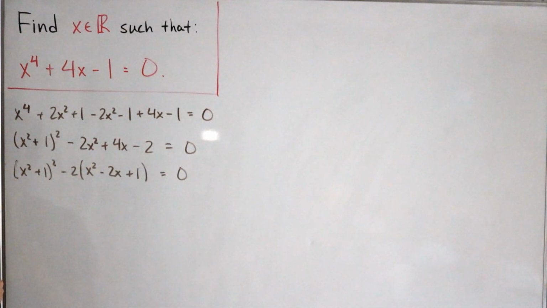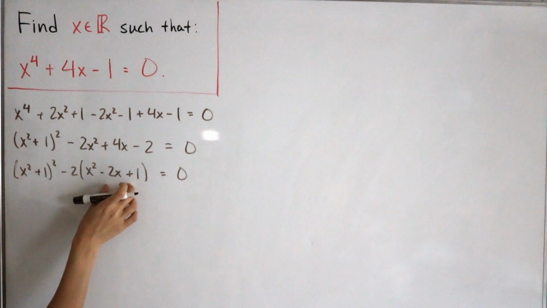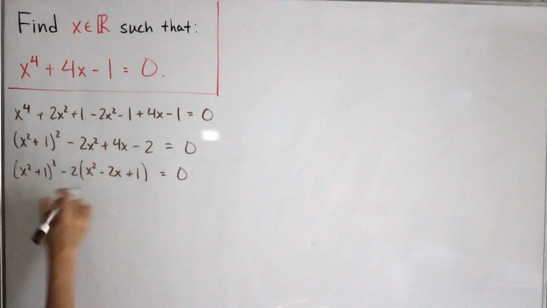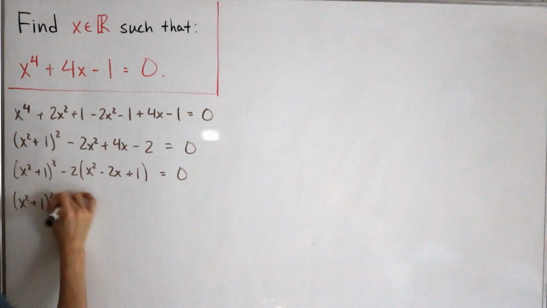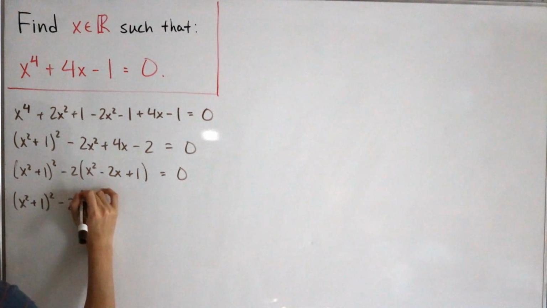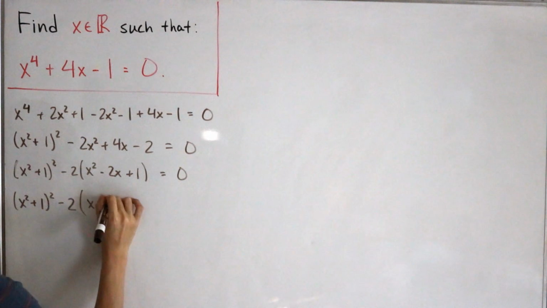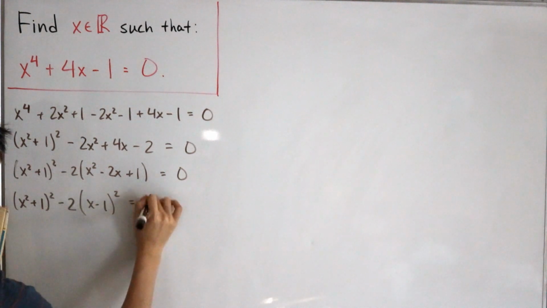And now you can see that I can also unfoil this. So what we have is x squared plus 1, squared, then minus 2 times the quantity x minus 1, squared, equals 0.